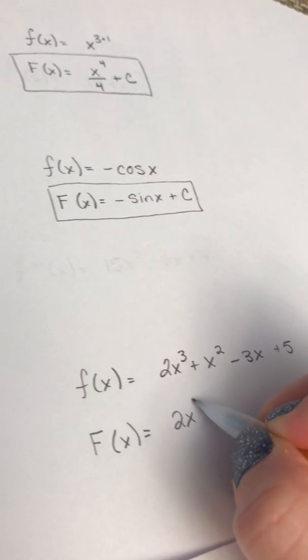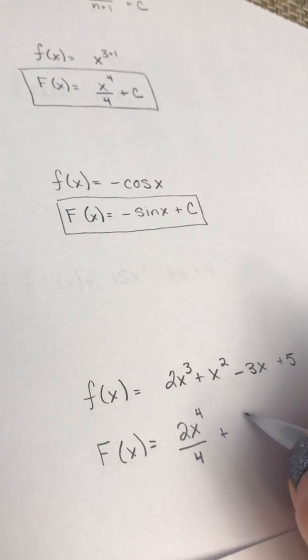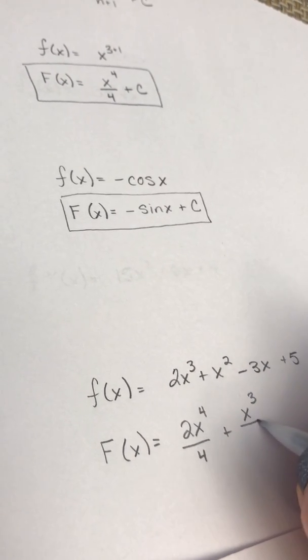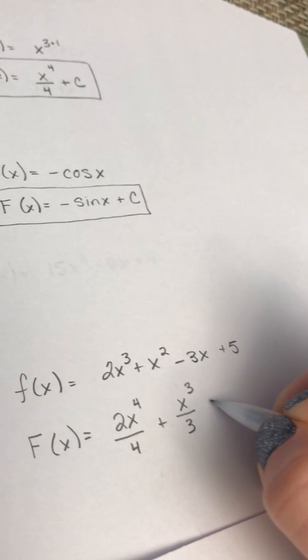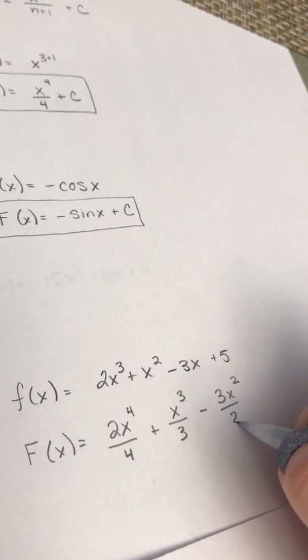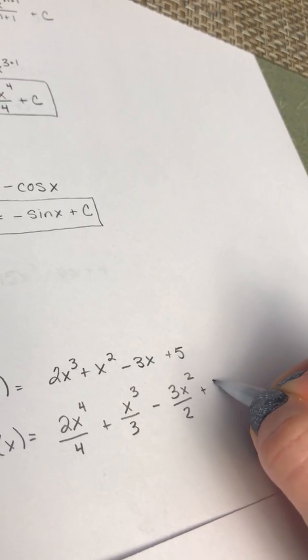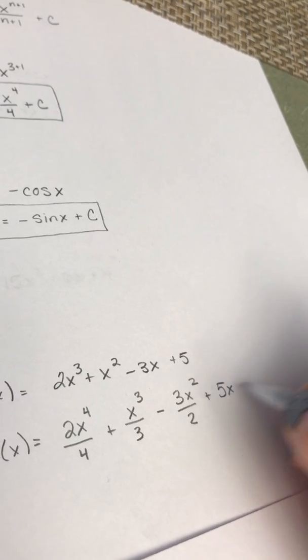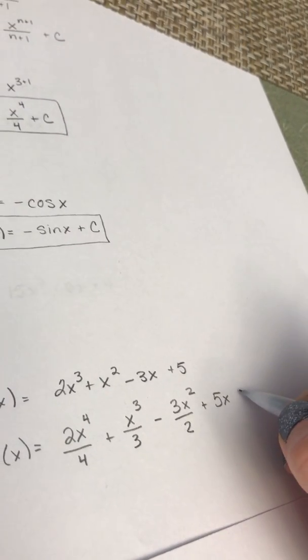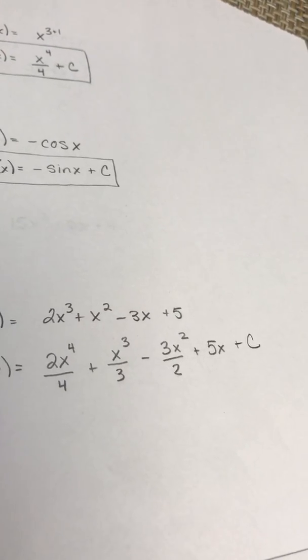So I have 2x to the fourth power divided by 4 plus x cubed divided by 3 minus 3x squared divided by 2, and I add on the 5x that would have disappeared when I took the derivative, not forgetting whatever constant might have been there from the beginning.